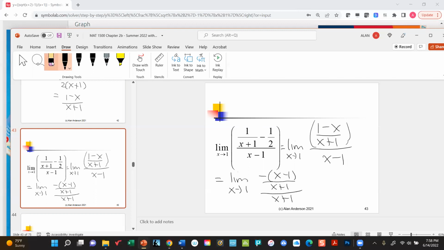Oh, sorry, wait. x minus 1. Now, this is the equivalent of negative x minus 1. So ultimately, the bottom line is you've got the limit of negative 1 over x plus 1.